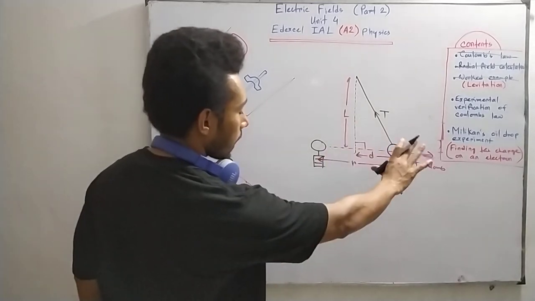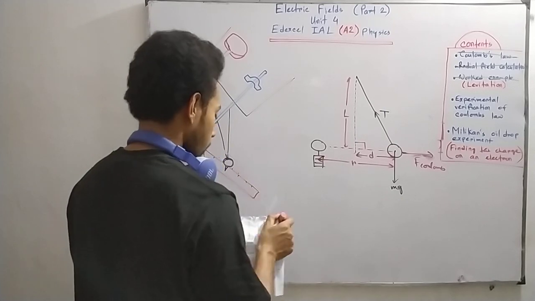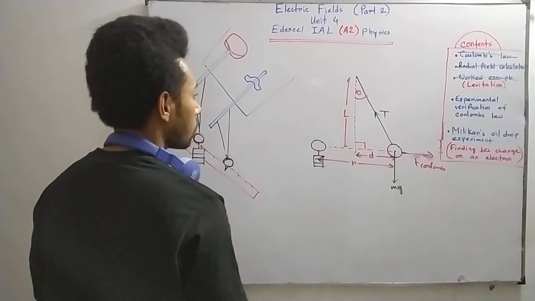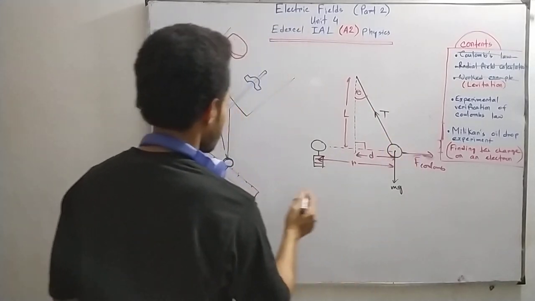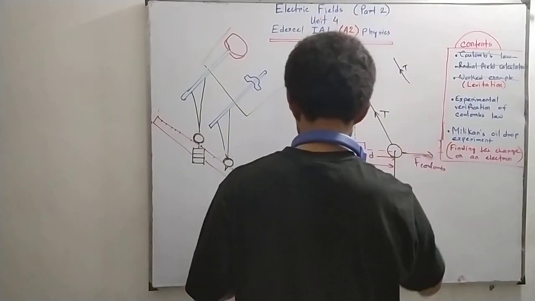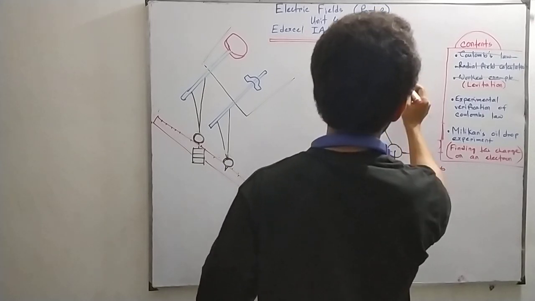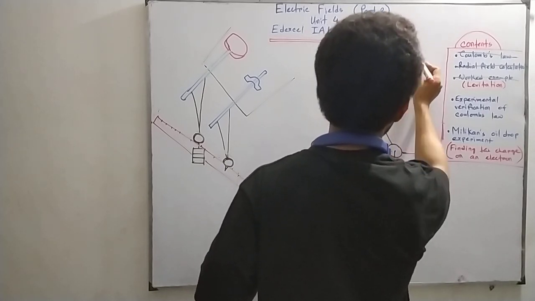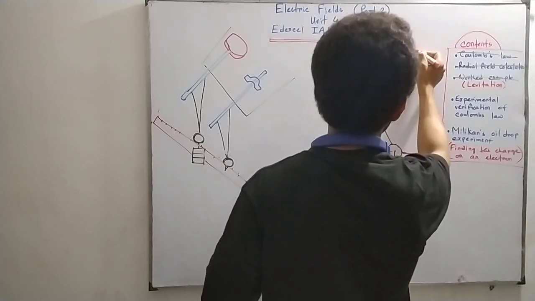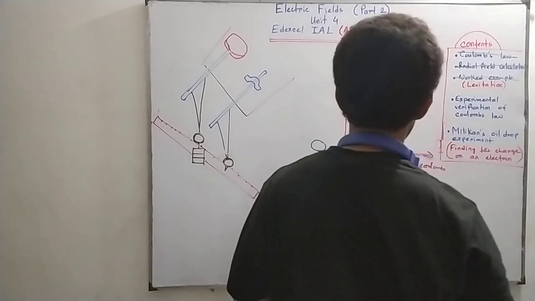Suppose this is the angle theta. The tension will have two components. This one is T cos theta and this one is T sin theta.